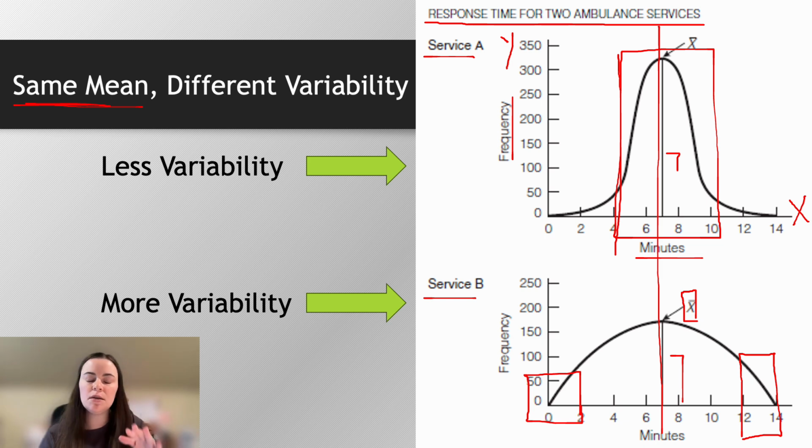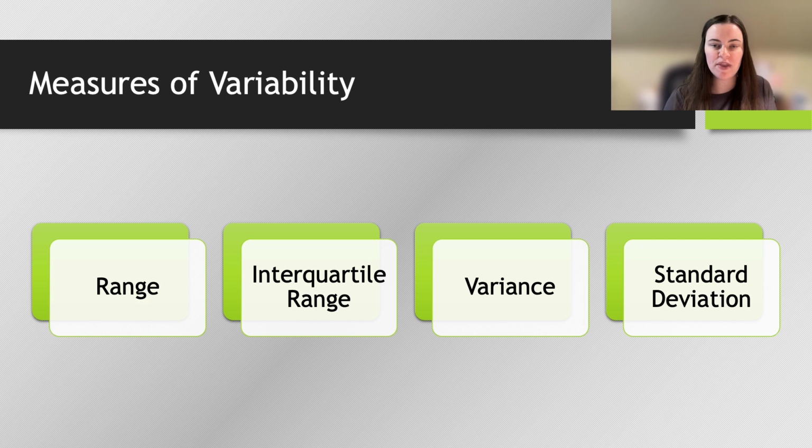So not only is it important for us to understand the average or those middle points, but we also have to understand the other aspects of our distribution as well. And one way that we can go about that is by calculating various measures of variability. And today we'll be talking about the range, the interquartile range, variance, and standard deviation.